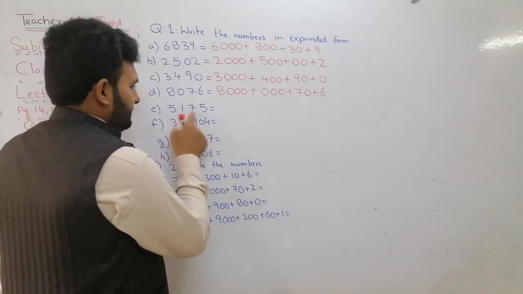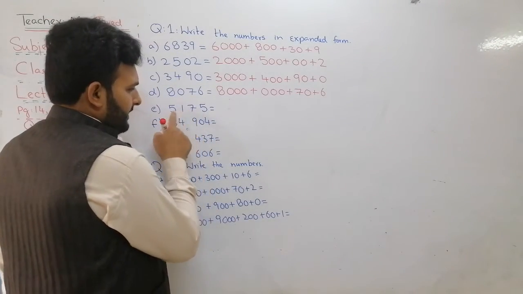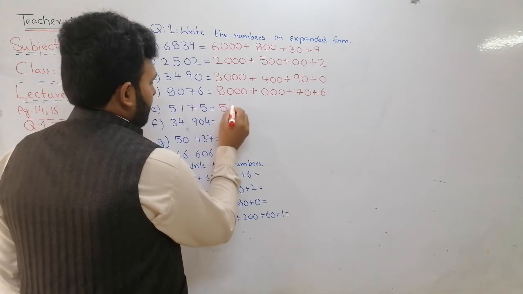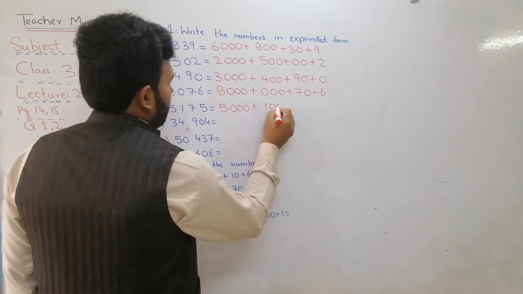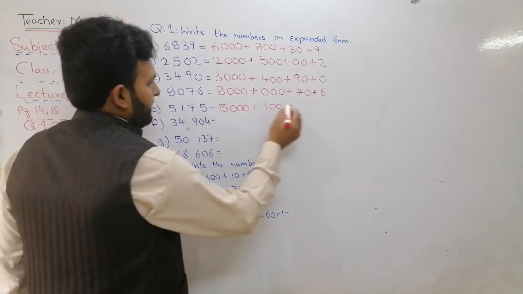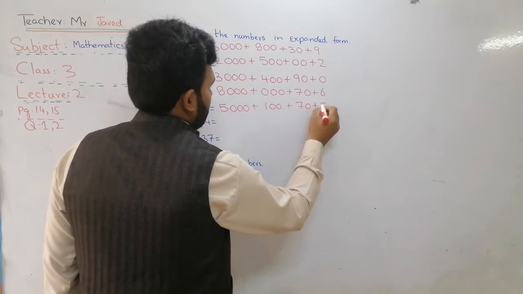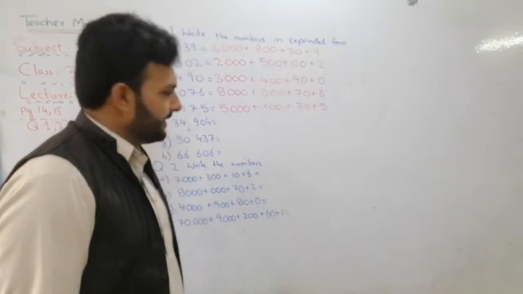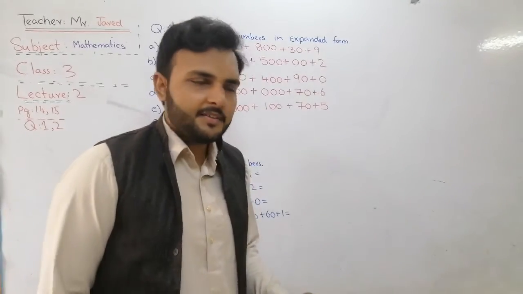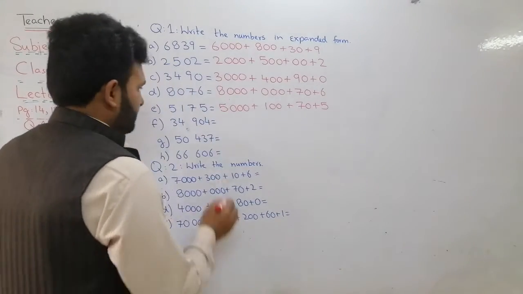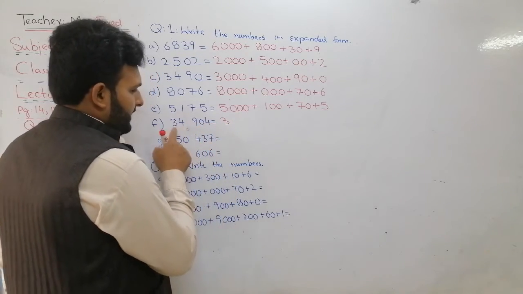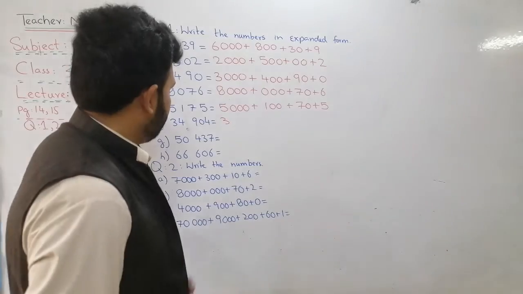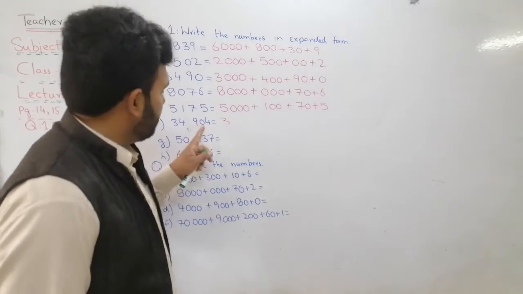Okay. Now it will be 5,000, and here 100, and then 70, and then 5. I think all the students are clear about this. Okay, this is a little bit of a change here. One more digit is here.